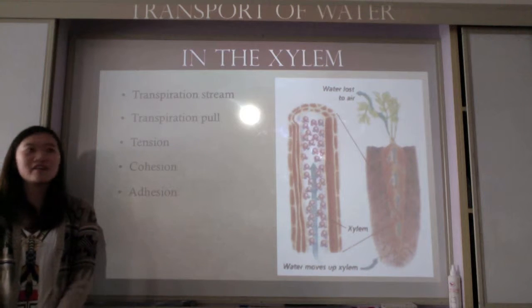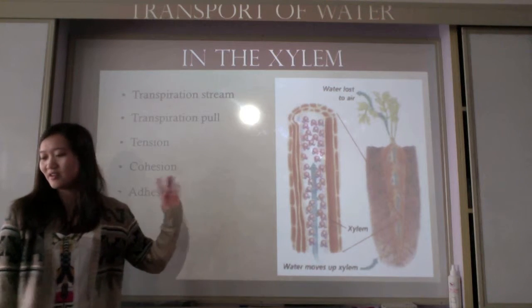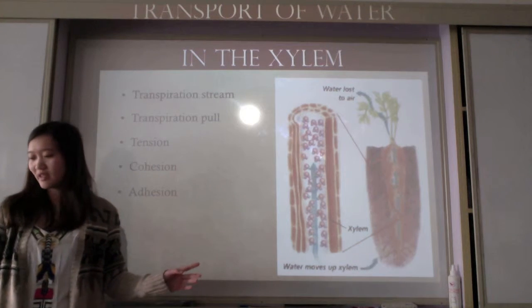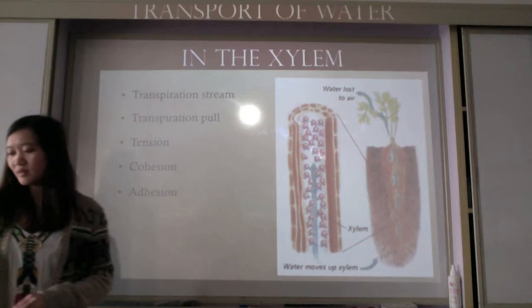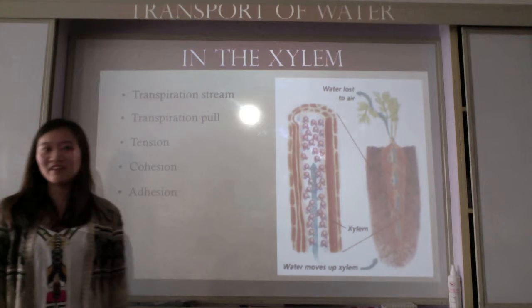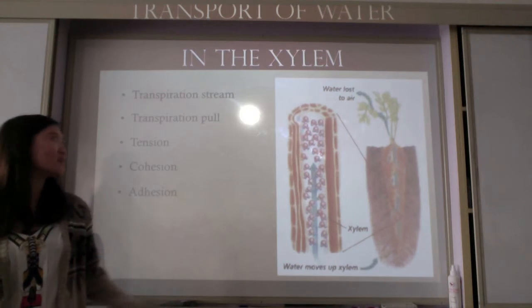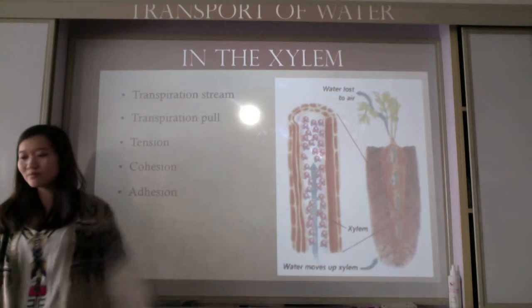Then suction extends down through the columns of the xylem vessels to the roots, and low pressure is created in the xylem. When it is pulled out, that's called transpiration pull.